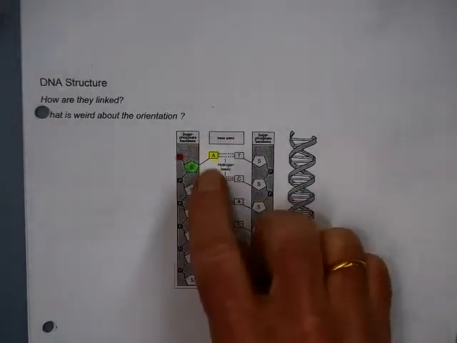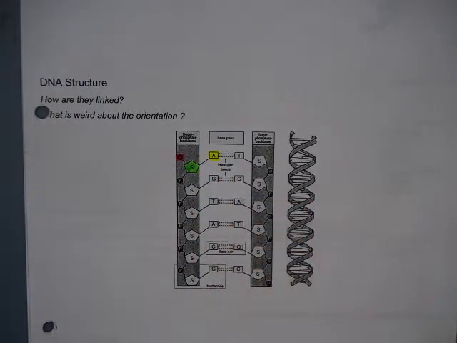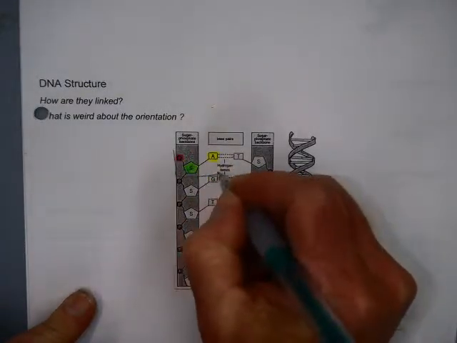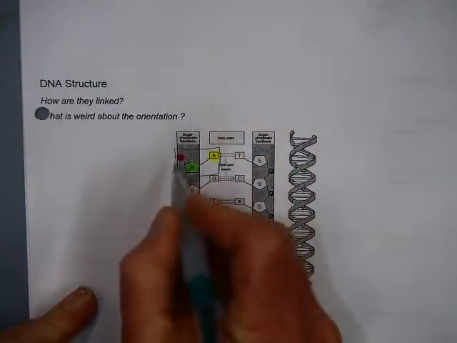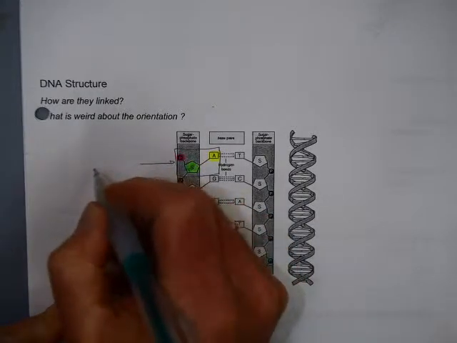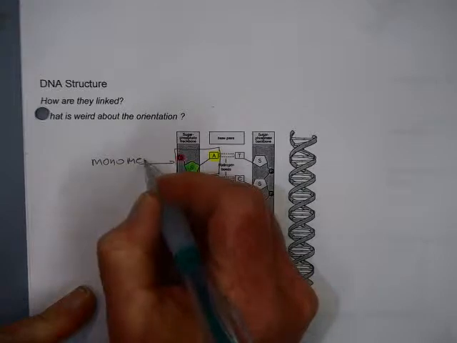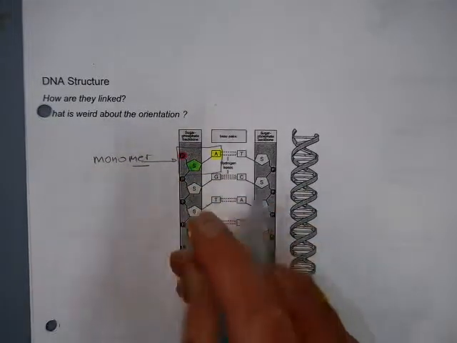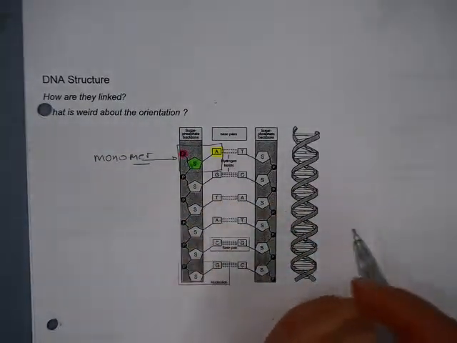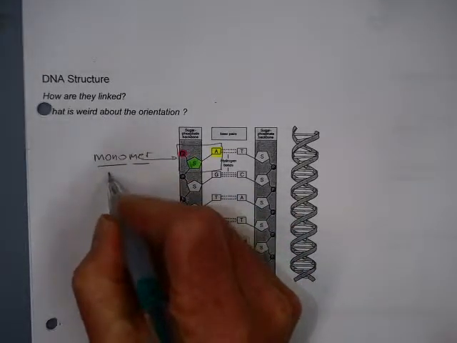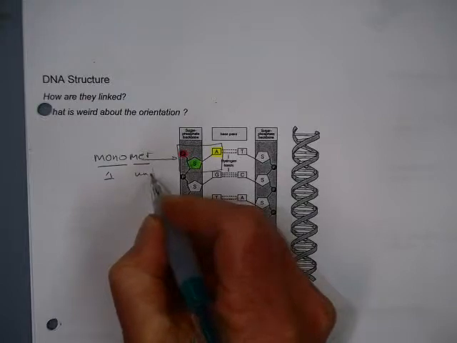Each one of these is a subunit. Because this is a single repeating unit, we call this a monomer. Mono means one. The suffix mer refers to a unit. So monomer means literally one unit.